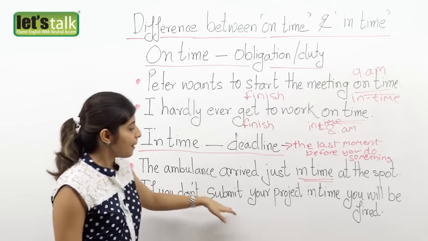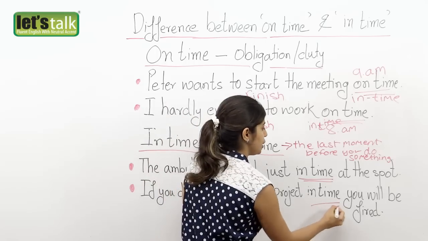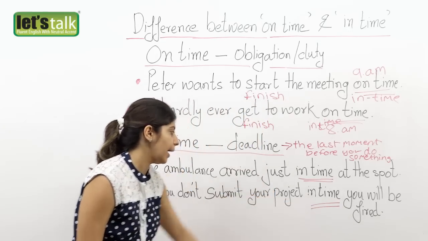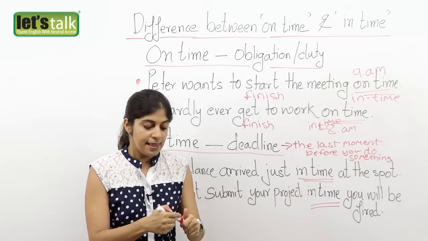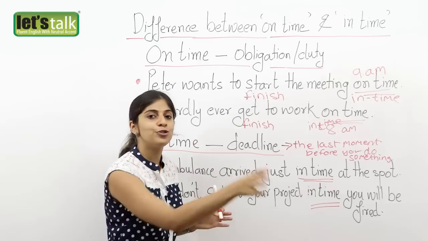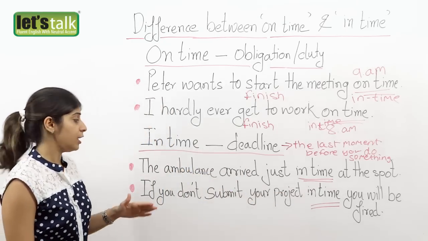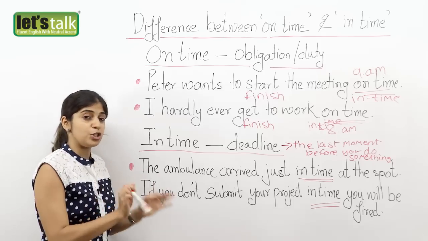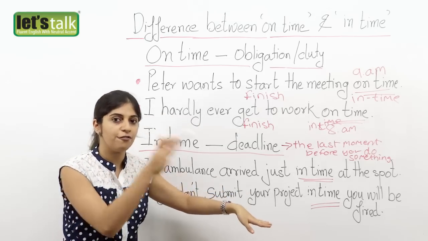Let's look at another sentence here. If you don't submit your project in time, you will be fired. Now, of course, if you don't submit your project in time, there is a deadline. Maybe you're supposed to submit your project by Friday. You should get done with the project before Friday.